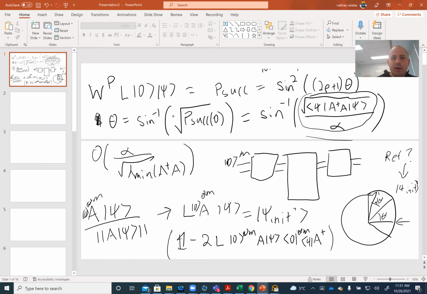Now this reflection operator might look like I screwed up the orderings when I was taking the adjoint. Recall that the adjoint has a distributive property over tensor products. A tensor B adjoint is equal to A adjoint tensor B adjoint. However, over ordinary products, it has the opposite property. It's B dagger, A dagger.